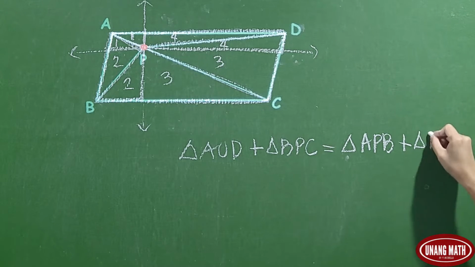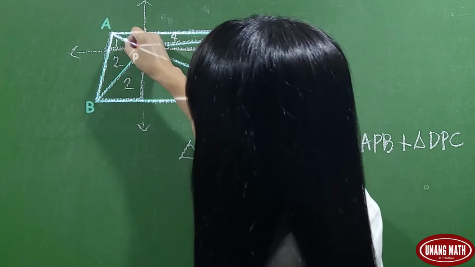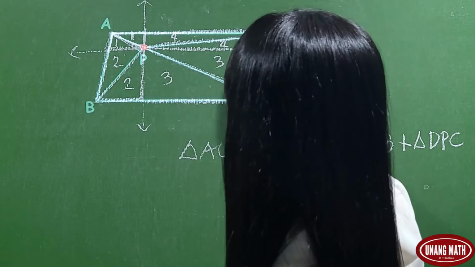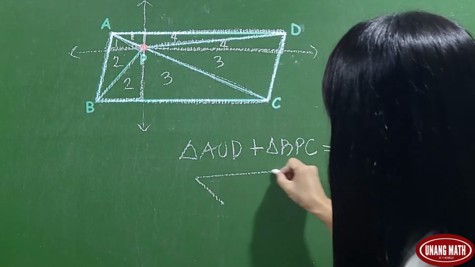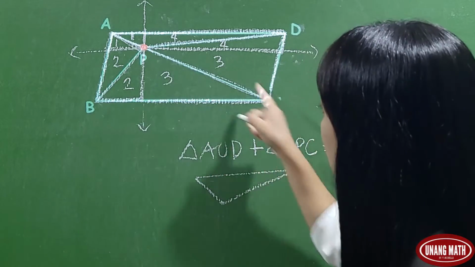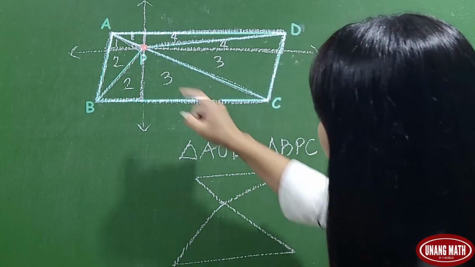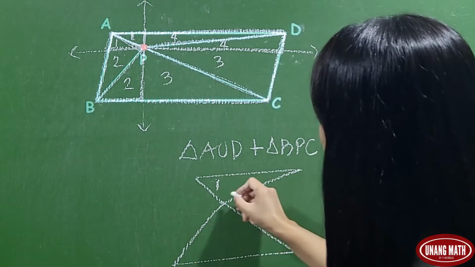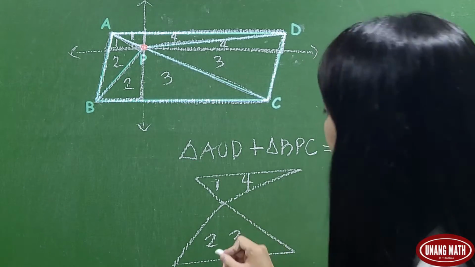To prove that one, look at triangle APD and triangle BPC. So it looks like this. So this is 1, 4, this is 2, 3.